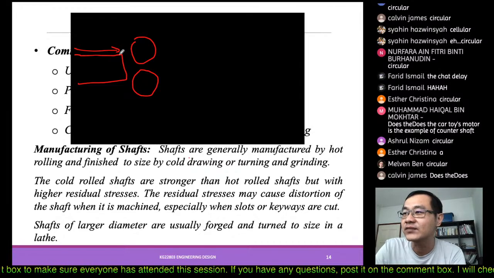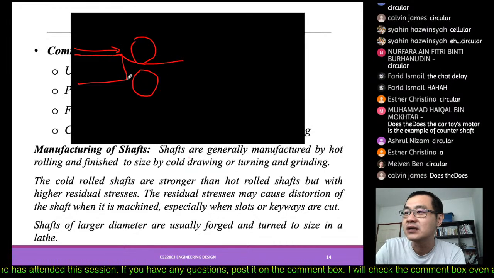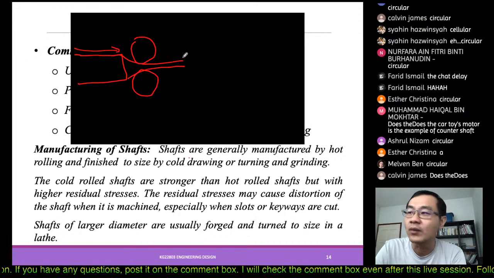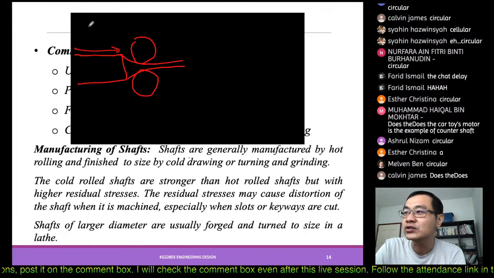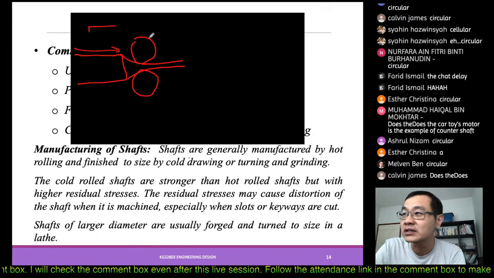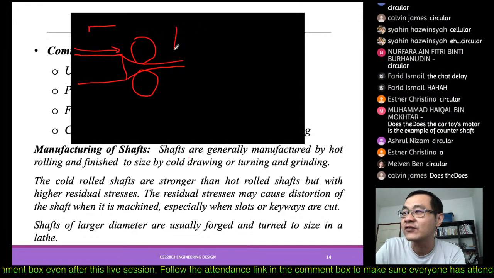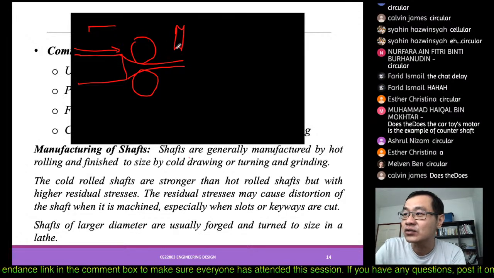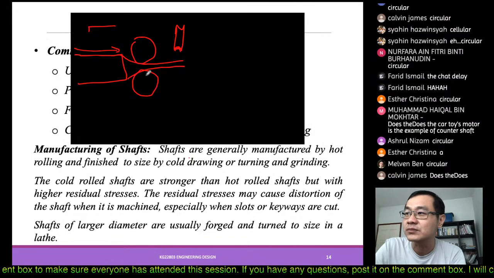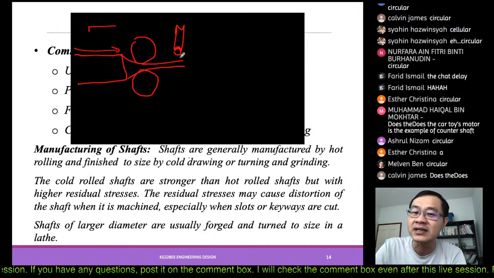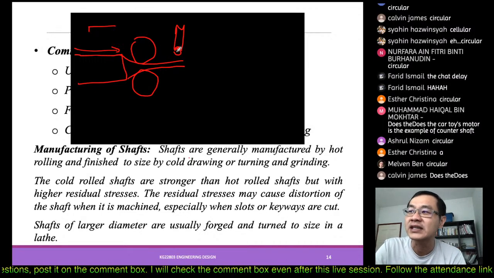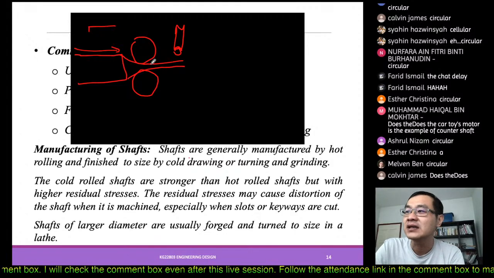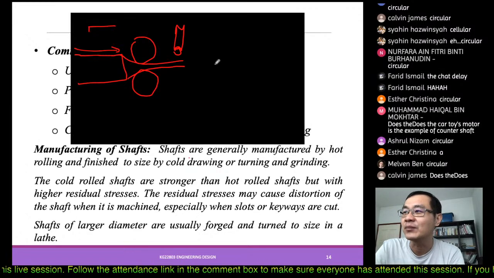When it gets into the roller, it will be squeezed to a smaller form and being rolled. This roller itself may have a shape like this, so that it forms round shapes, similar to the bottom side. So indirectly we get a rolled type of smaller diameter and a long shaft or material itself.